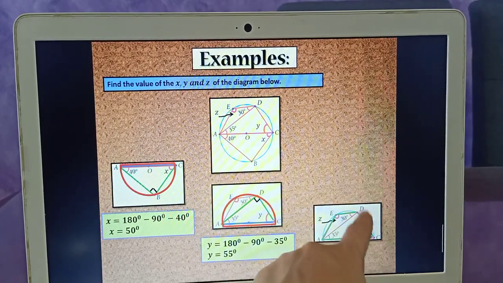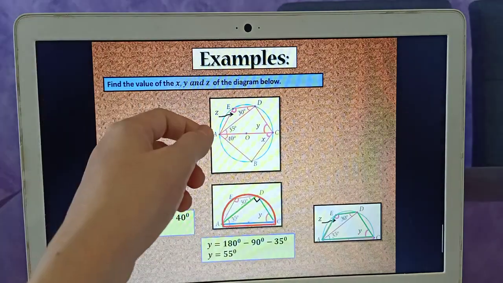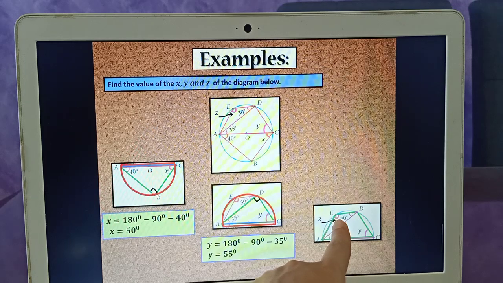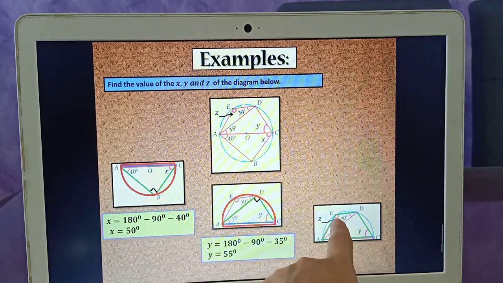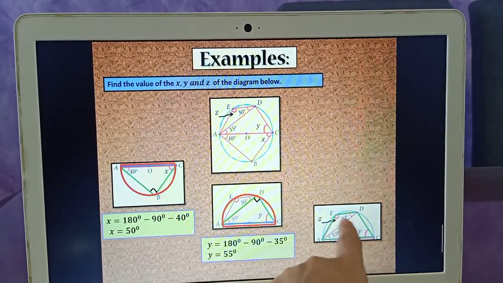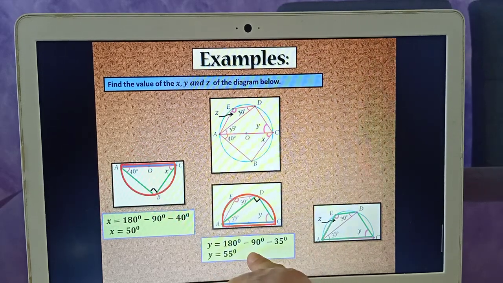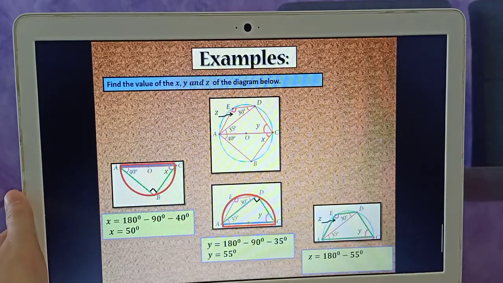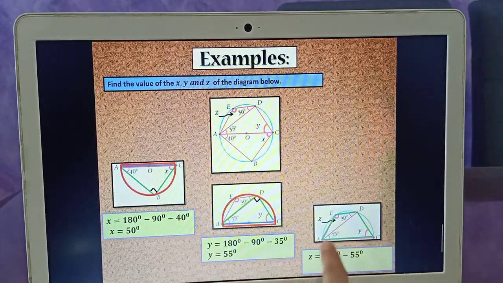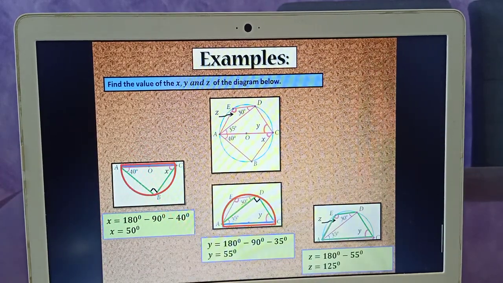A semicircle is also part of the circumference. So to find z is very easy, because I can use the sum of interior opposite angles, which are y and z. Their sum will be 180. I already got my y in the previous question. So in order to get z, I will use 180 minus 55 for y here. So the answer will be 125 degrees.